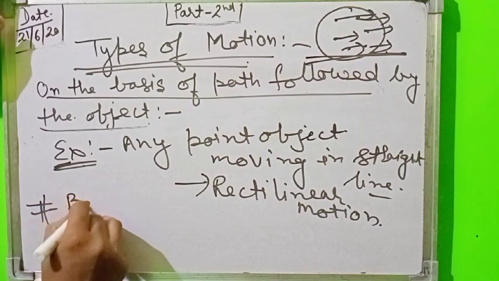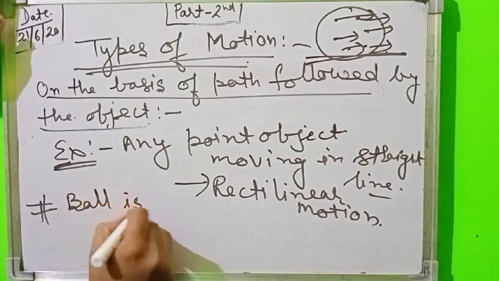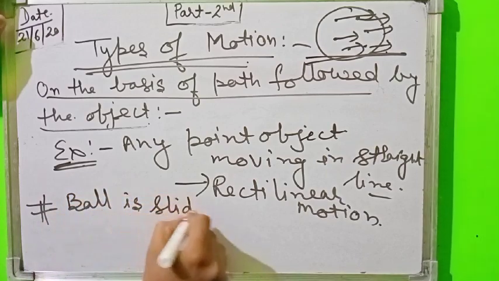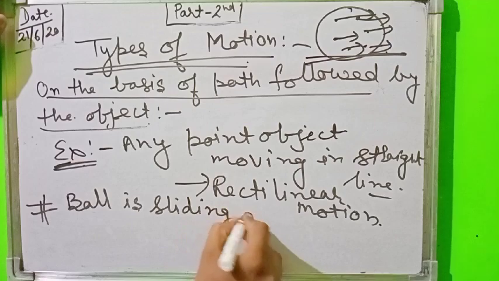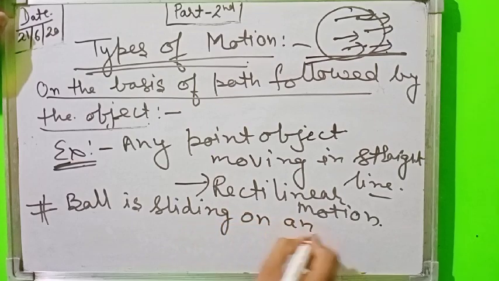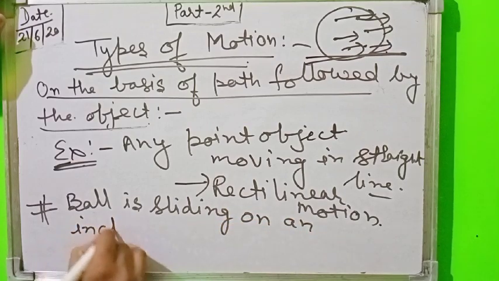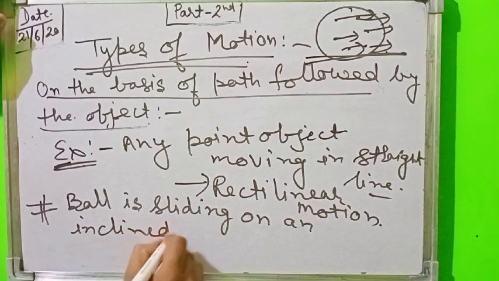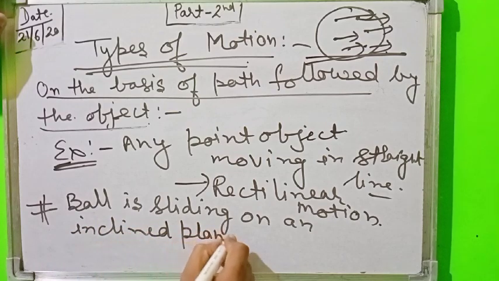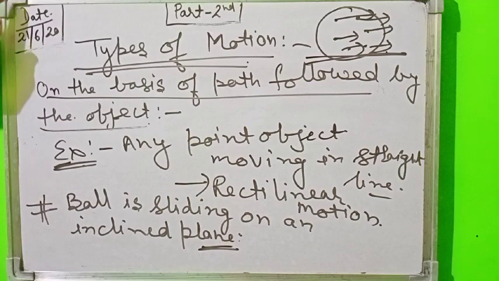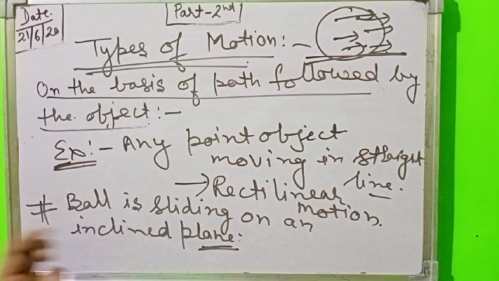a ball sliding on an inclined plane. The ball is sliding on an inclined plane. Each component of the ball is sliding or moving in a straight line. Each and every part of the ball is moving in a straight line.